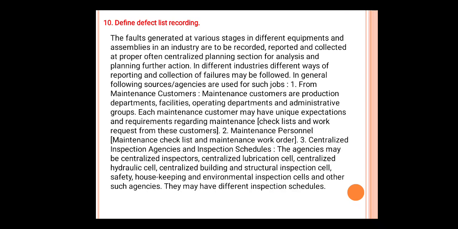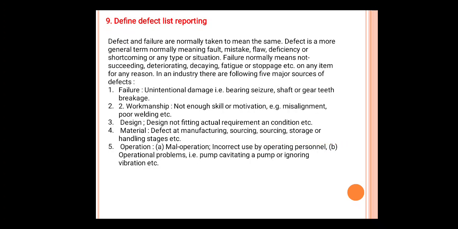So see here, this one is defect list recording. You have to read this carefully, because so many factors come under this one. That's why you have to remember all these points. And for list reporting, you have to remember these: failure, workmanship, design, material, operational things.